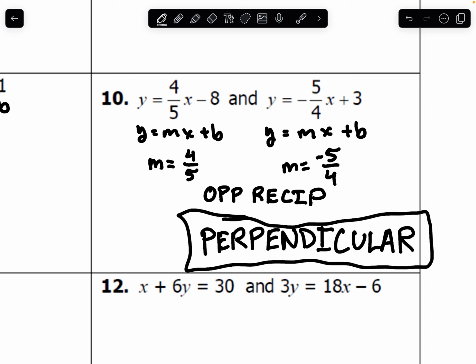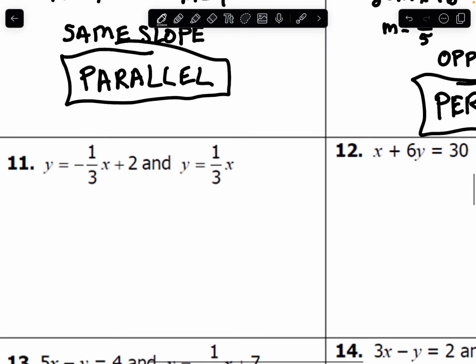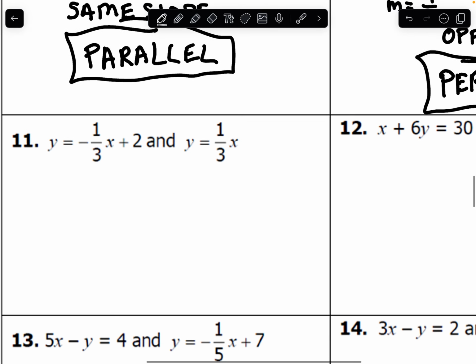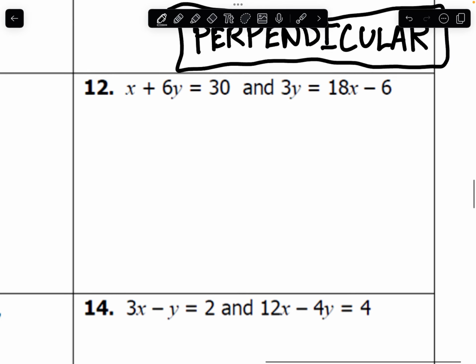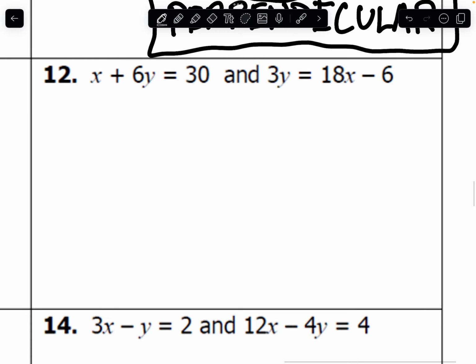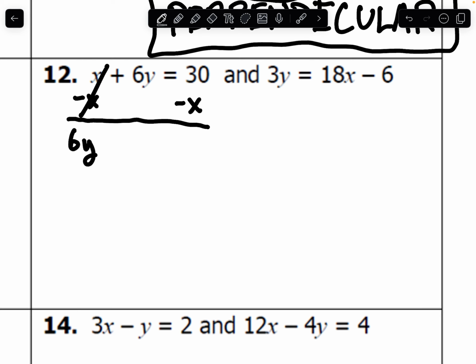Those are pretty easy because they're already in slope-intercept form. Let's just get some practice with something like 12, which is in standard form. Right, the trick here is we're going to look at this and solve for y. So to get y, we have to subtract x here. And so we have 6y equals negative x plus 30.